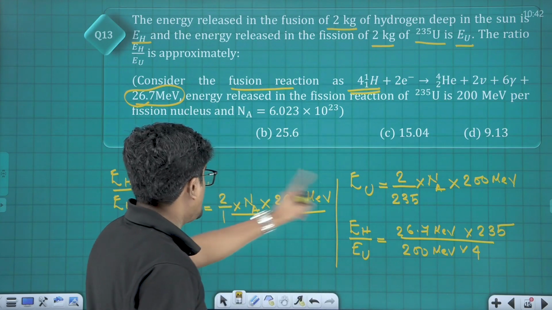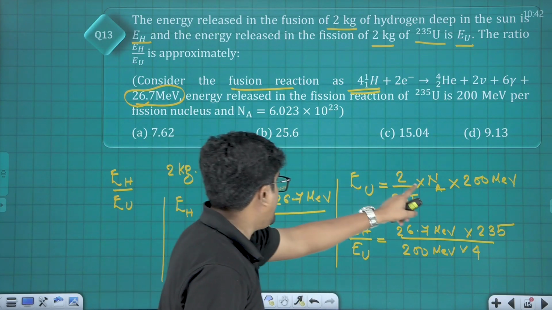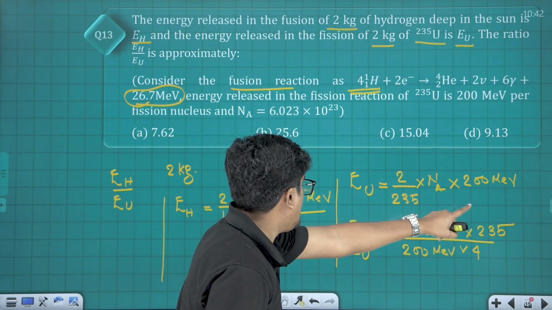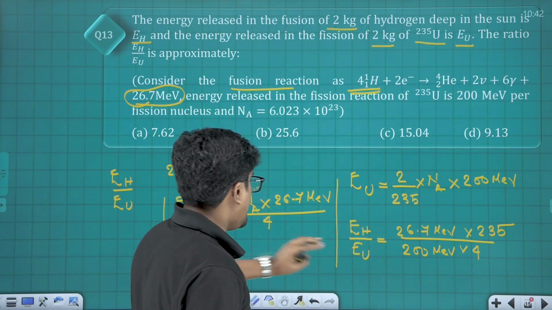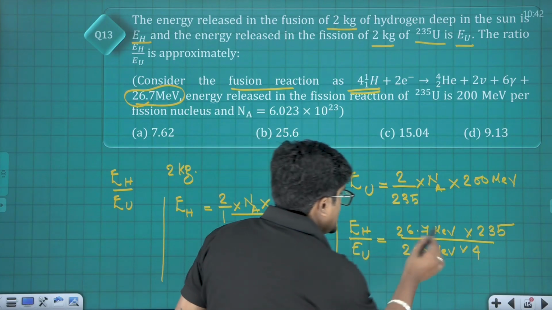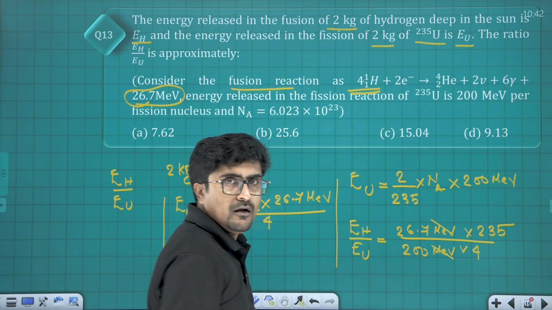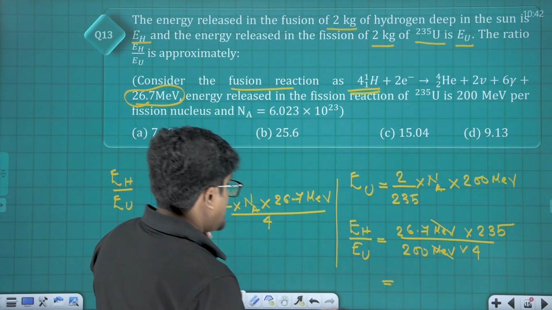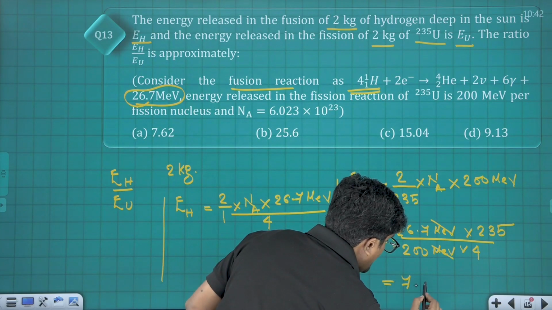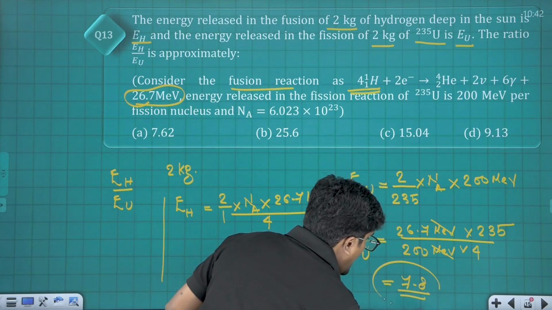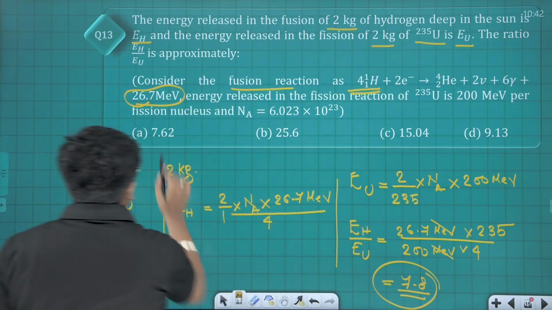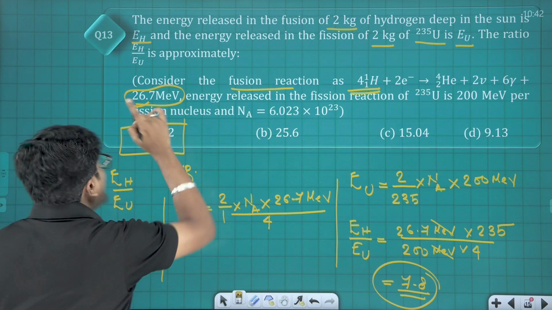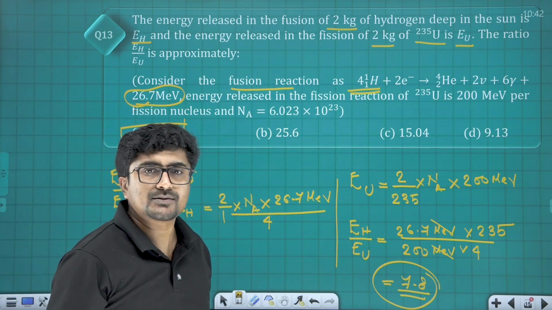This 4 will be there because 2 and 2 will cancel each other. Na and Na will cancel each other. Mega electron volt and mega electron volt will cancel each other. Alright, and here I am going to have 4. Yes, this is going to cancel each other. Alright, so if you solve this, you will get a value close to 7.8. And if I compare with my options, I can lock option A as the correct answer in this case.